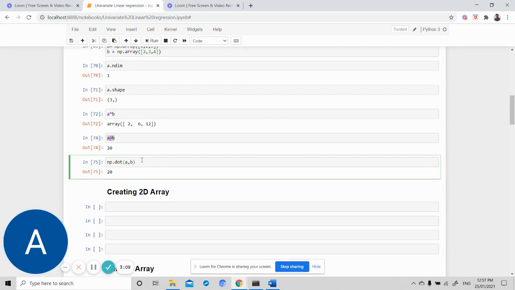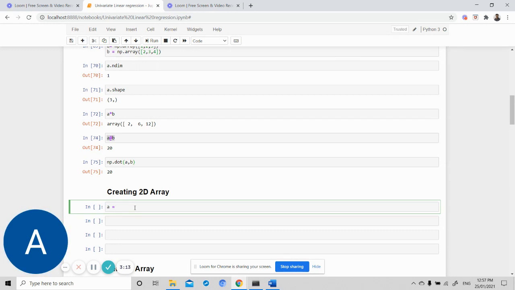So let's create a two-dimensional array now. A equals np.array. To remember how to write a two-dimensional array, we know that it needs 2 rows, so we need 2 square brackets ready.